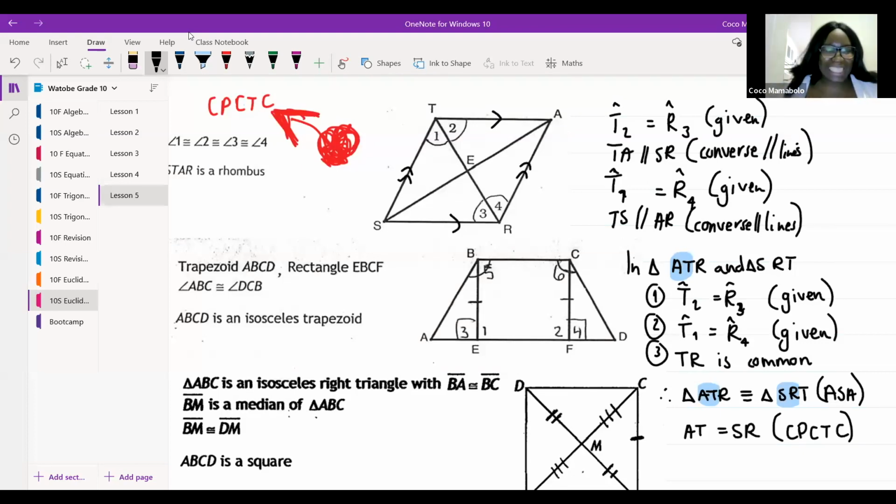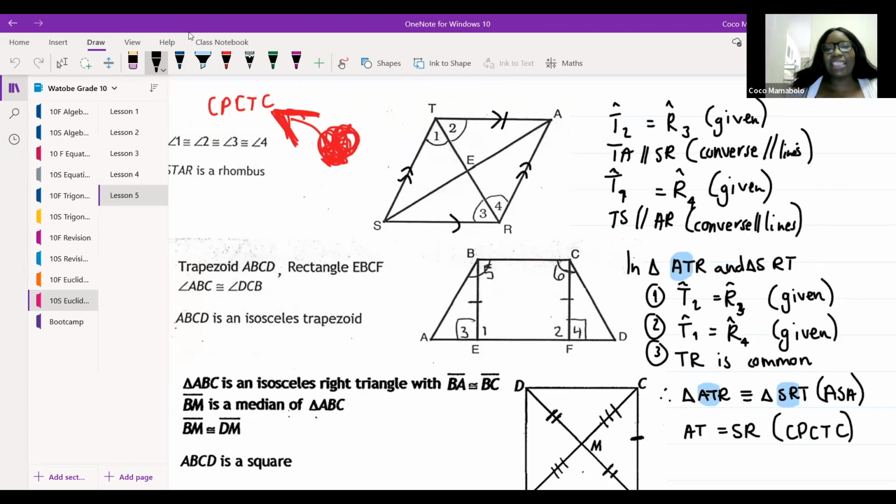Because of CPCTC, guys. She didn't even write it correctly. What did Tiana write? CPTC. That's not the correct thing. It's not even in the right order, but I know what you meant. That's it, Chloe, that's it.